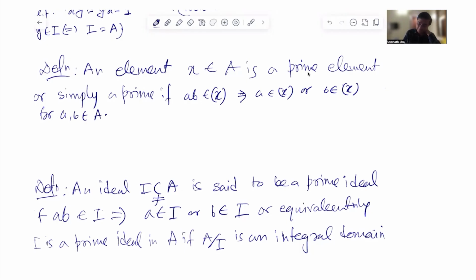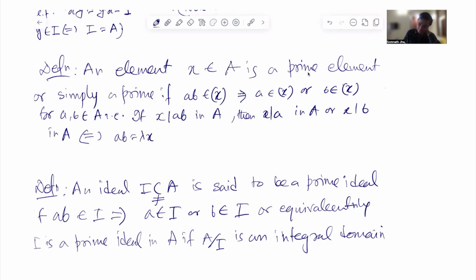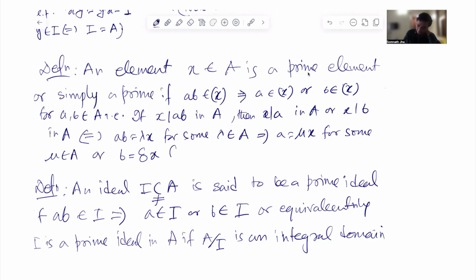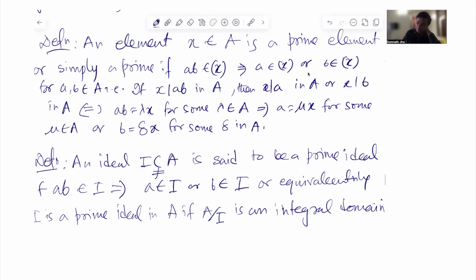That means if X divides AB in A, then X divides A or X divides B. That is, AB equals lambda X for some lambda in A, then A equals mu X for some mu in A, or B equals delta X.